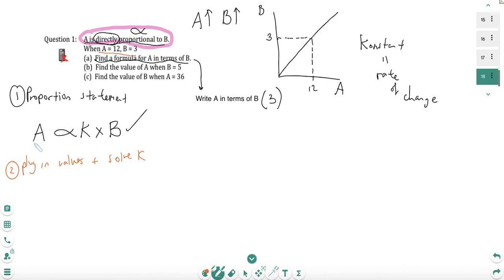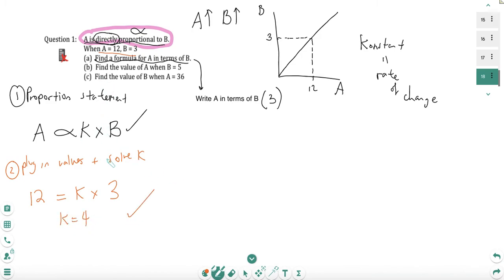So all we're going to do is replace A with 12 because we know A is 12. We're going to turn the statement into an equation, so we need an equal sign. So 12 is equal to K times B. B is 3. All right, so we made an equation. Let's solve for K. So K times 3 is 12. This one's pretty obvious. K must be 4. 4 times 3 is 12, so K is 4. And that's the 2nd mark, guys.